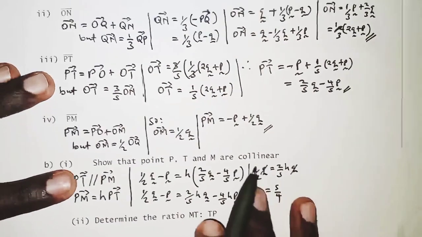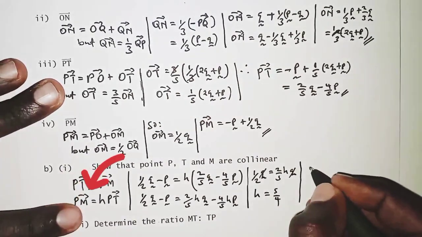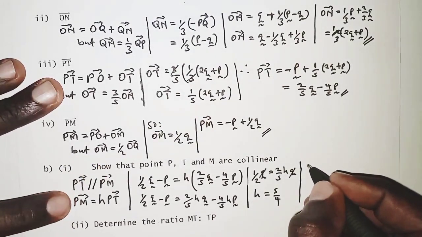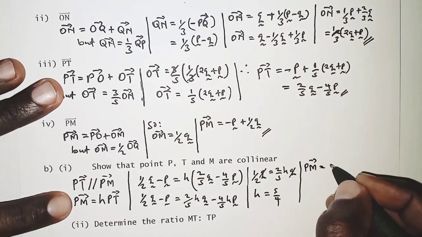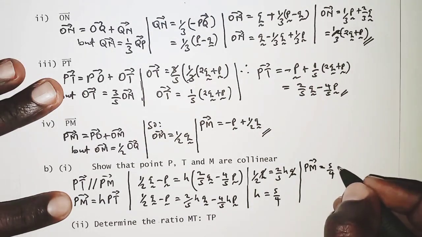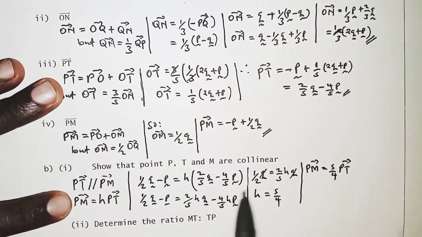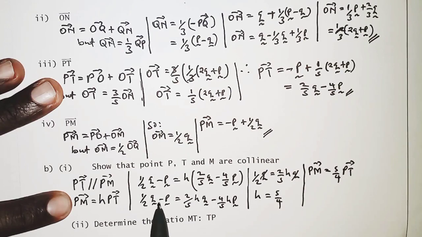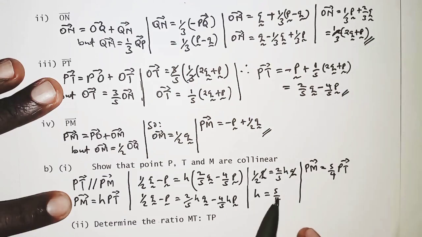So if H is 5 over 4, then you can conclude that PM right here is equal to 5 over 4 of PT. Remember, even if we had used P's, negative P is equal to negative 4 over 5 HP, you will still get the same result.